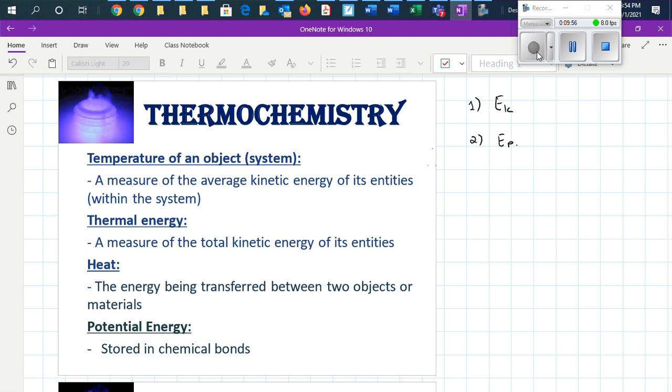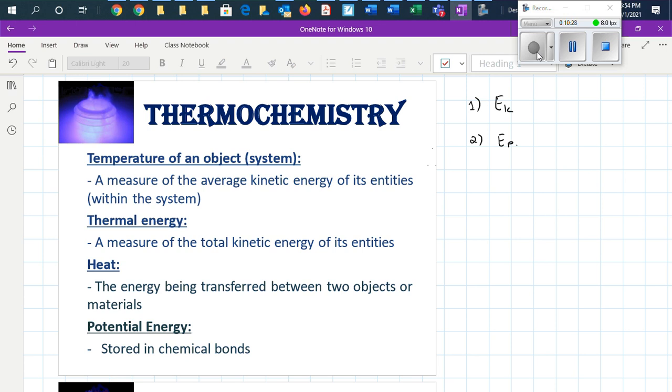Now, in thermochemistry, the kinetic energy is related to the temperature of the object. The exact formula is that temperature is 2/3 of the kinetic energy that the object has, and something else. However, what we need to know is that the kinetic energy is related to the temperature of the object.